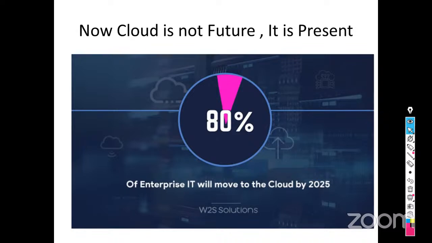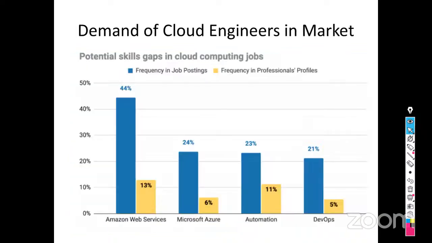So if your organization is also planning to automate services through AI or machine learning, then you first have to know how to build those platforms on the cloud, and only then can we manage them. So this is the current market demand for cloud engineers.